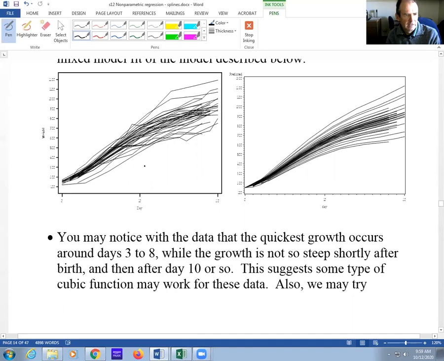You can get an idea that maybe placing a knot in this area, and then maybe in this area. You get a sense by looking at the data that you probably aren't going to need more than 2 knots in your data, right? So you're not going to get much benefit by placing knots every 2 or 3 days here.